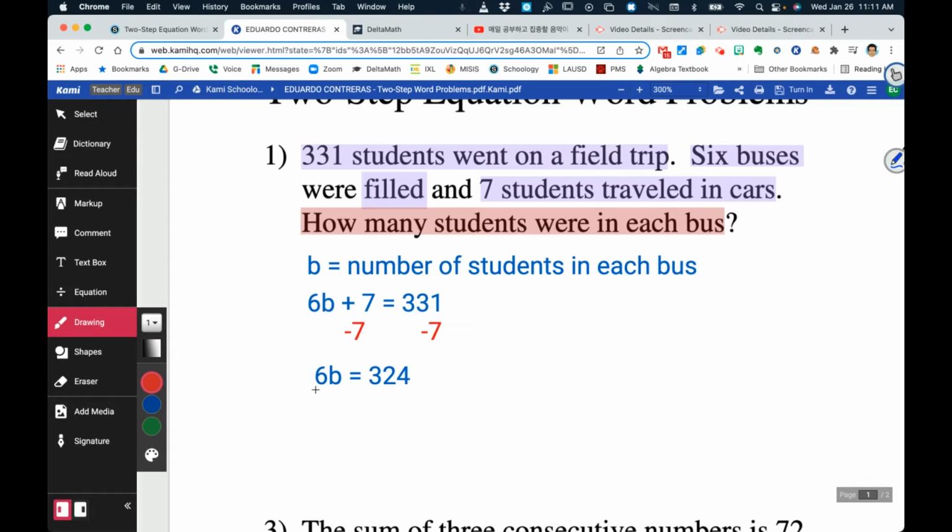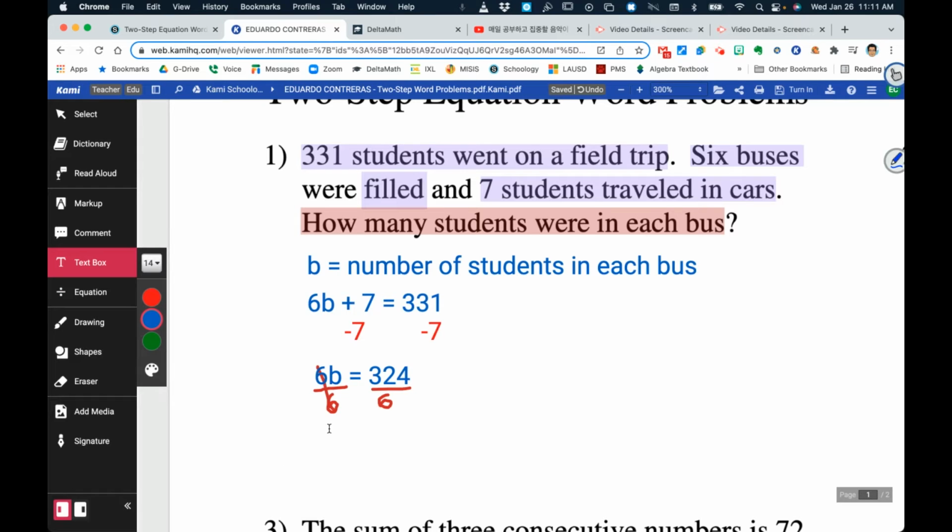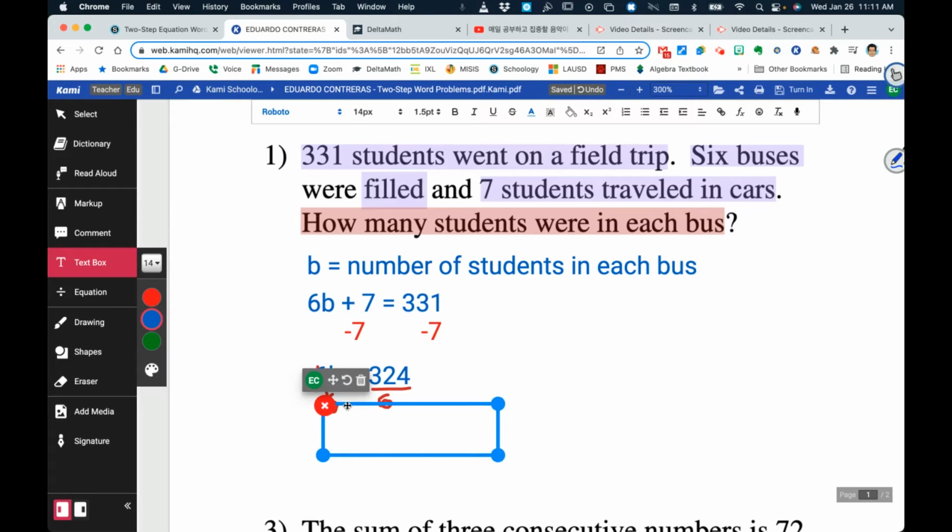If I divide by 6, it should tell me how many people were on each bus.